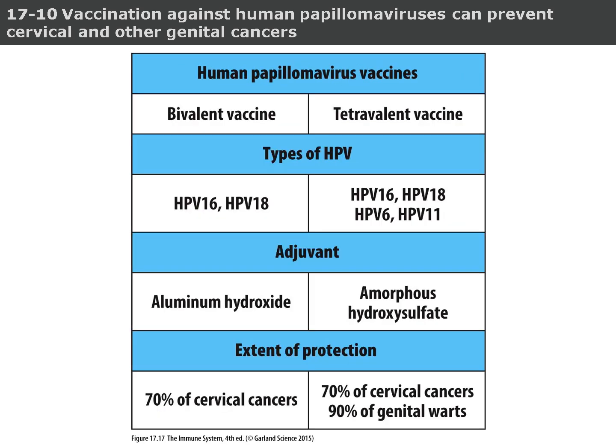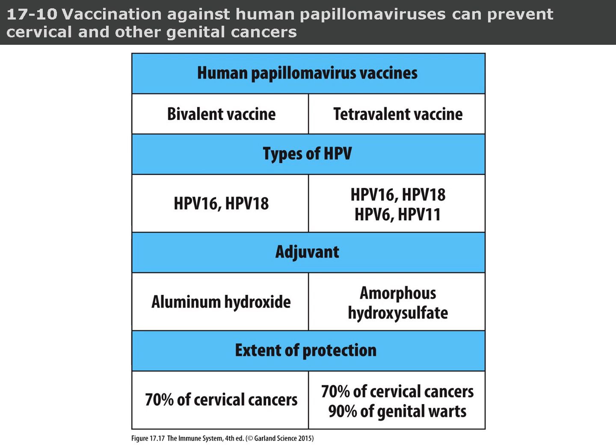Human papillomavirus vaccines are available in two major forms, a bivalent vaccine and a tetravalent vaccine. The bivalent vaccine protects against human papillomavirus types 16 and 18, which are responsible for the majority of cervical cancers. The tetravalent vaccine protects against types 16 and 18, as well as types 6 and 11, which cause genital warts.